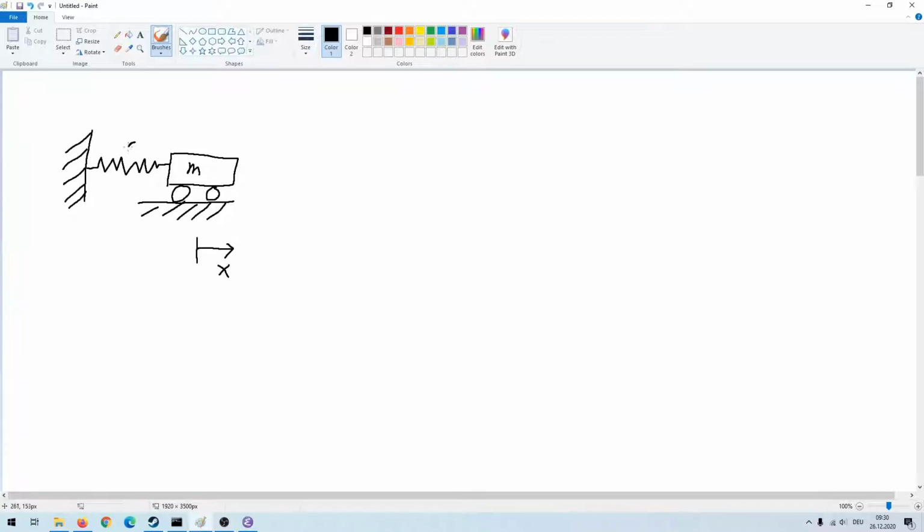Our spring gets a spring constant c, and we assume that the spring has an unloaded length. We'll just call it L0. We don't really need it because we design our coordinate system in such a way that we are at 0 when the spring is at its unloaded length.